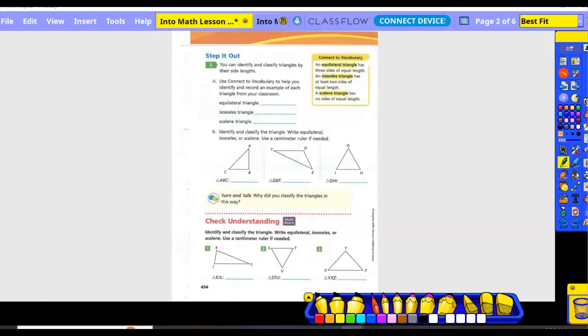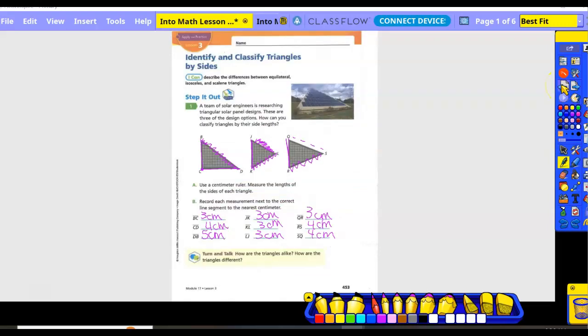Okay, so they also give a vocabulary lesson over on this side. An equilateral triangle has 3 sides of equal length. So if I flip my page back over to the front, which one of these would be an equilateral triangle? The first, the second, or the third? The second. This one would be equilateral. Remember, what I do, you do.